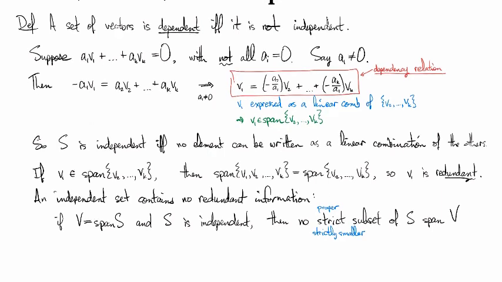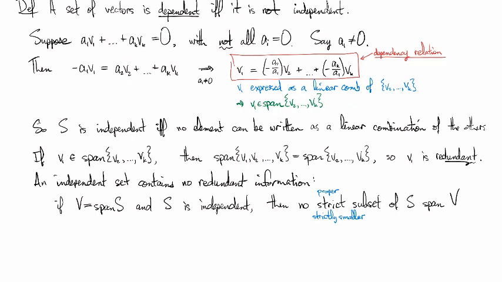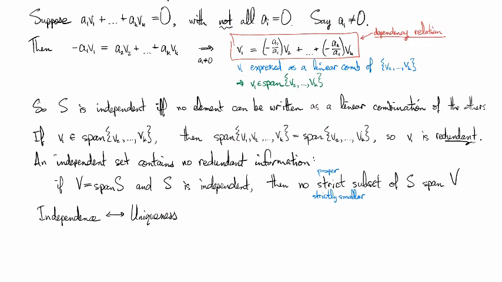The other way of thinking about linear independence is in terms of uniqueness of solutions. So here's an example that explains what I mean. Suppose we take S to be the set where we take v1 to be (2, 2), v2 to be (1, 2), and v3 to be (-1, 0).